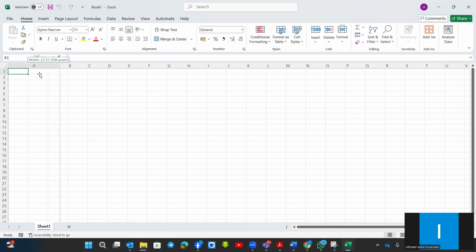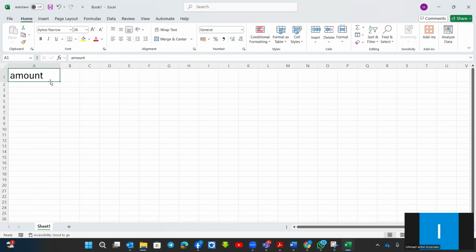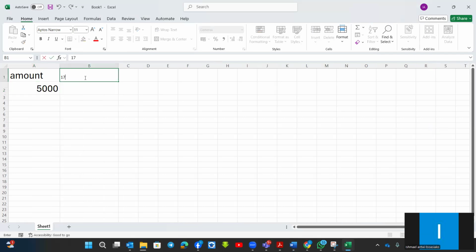Let's say I'm having an amount here in our column A. So I'm having 5,000. If I'm having a 17% increase, and I want a new amount, it will now be equal sign this value here times 1.17.